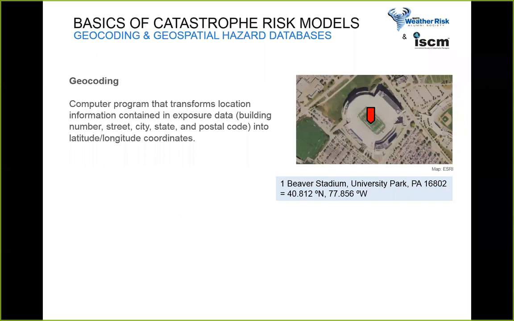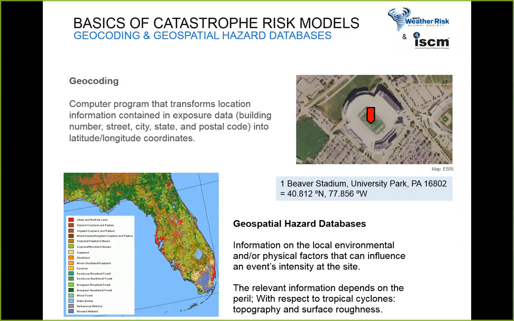It's just a computer program that transforms address information into latitude, longitude coordinates. And here's a brief example for Beaver Stadium in University Park. You put in that address, you'll get out that latitude and longitude. And most of the geocoders will get you within roughly 10 meters of the property with today's better geocoders, if not better.